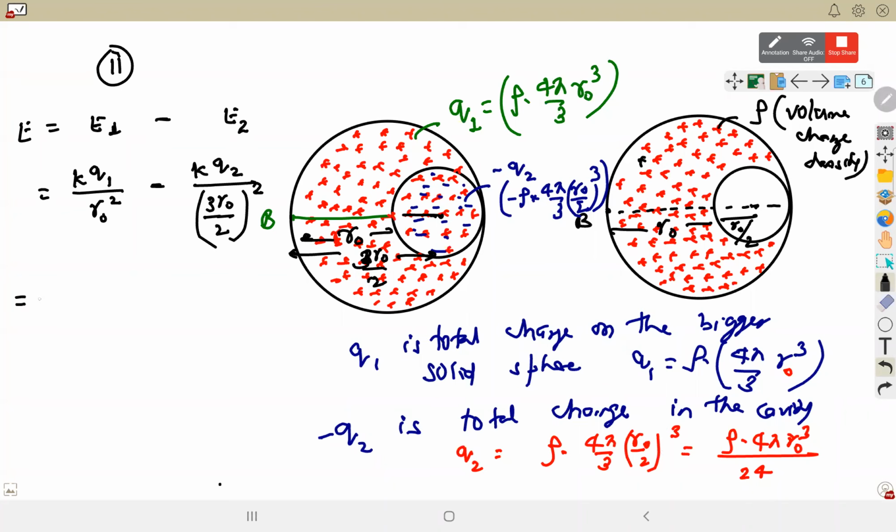K is 1 upon 4 pi epsilon naught. Q1 is rho into 4 pi by 3 R naught cube divided by R naught square. This is the first term.